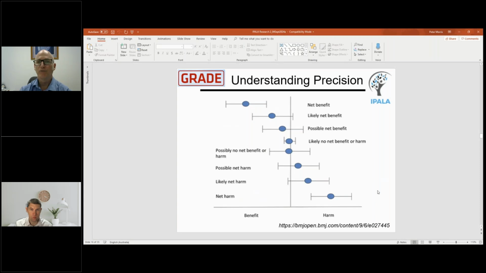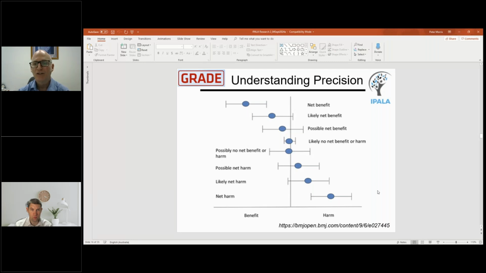So you might think your recommendation has an overall net benefit, or a likely net benefit, or a possible benefit, or likely no net benefit or harm, or possibly no net benefit or harm, but possibly also there may be benefit or harm. So you can see there's quite a range, and as you get more information, hopefully you get more precision.